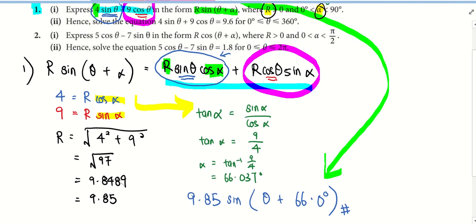Alright? Where are the important steps where we award marks? These two is a method 1. Your value of R will give you a method 1. The tangent to find alpha is a method 1. And this step over here is an A1. And this step will repeat and repeat and repeat every R formula question. Alright? So I'm going to stop here. I give you some time to write down first.